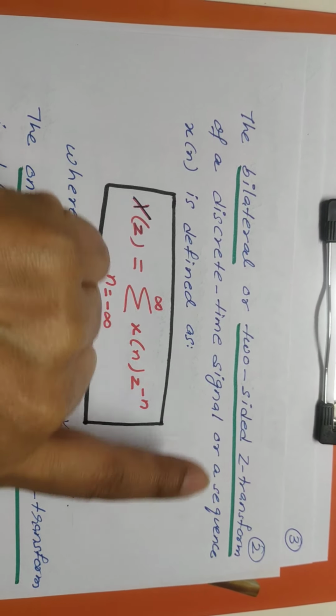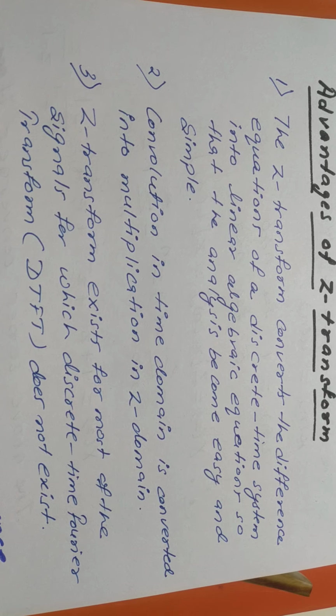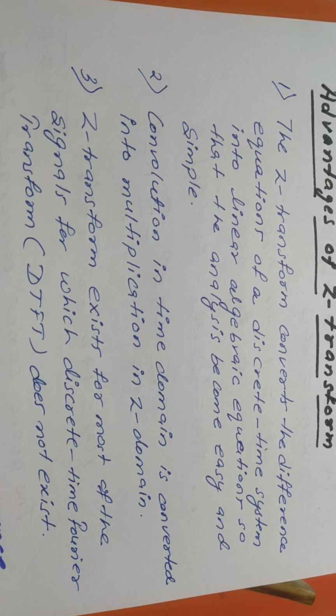Now the advantages of Z transform. The Z transform, as we have already discussed, converts the difference equation of the discrete time system into linear algebraic equations so that the analysis becomes easy and simple.